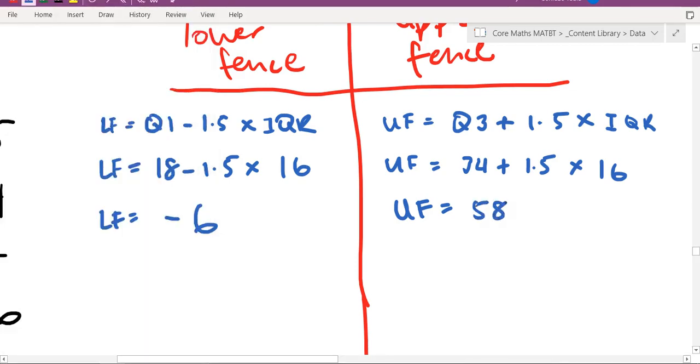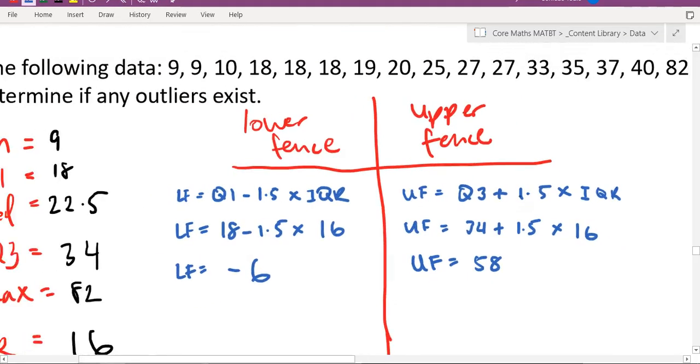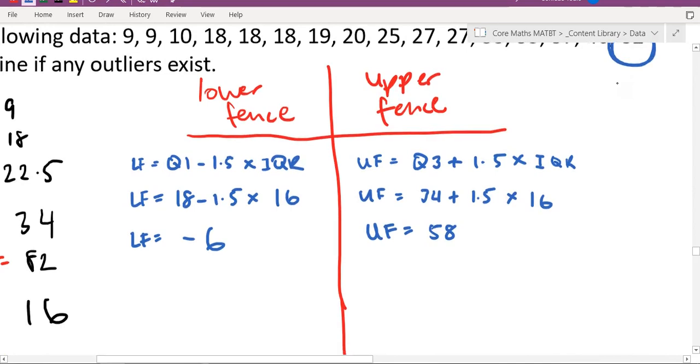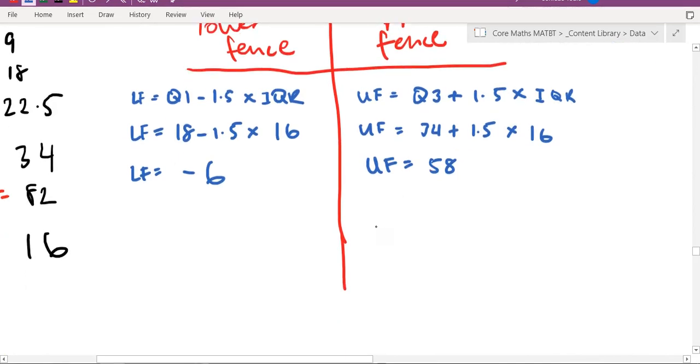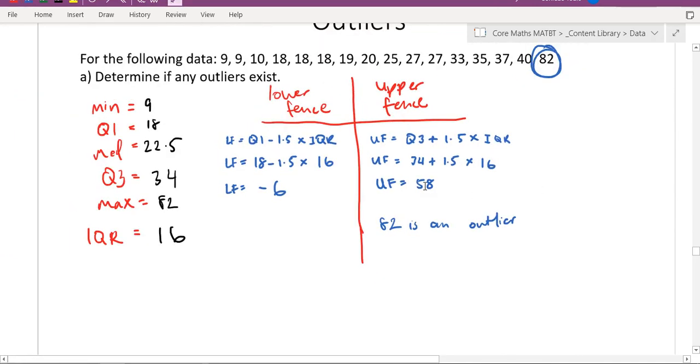That means any number higher than 58 is an outlier. So obviously, I can see that 82 is going to be an outlier. What people normally do is they write underneath: 82 is an outlier, because it's above the upper fence of 58.